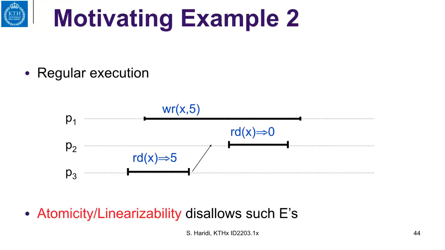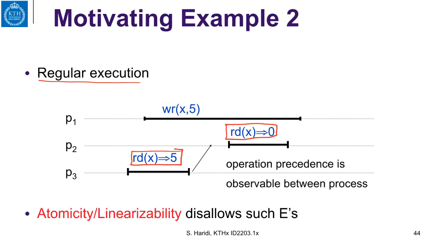And here is another example that we have seen before, and this execution is regular again, because these two reads are overlapping with the write, but they are not linearizable. Linearizability mandates this operation to happen after this operation.